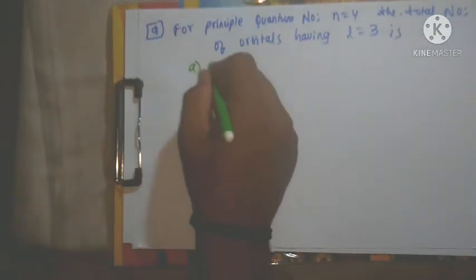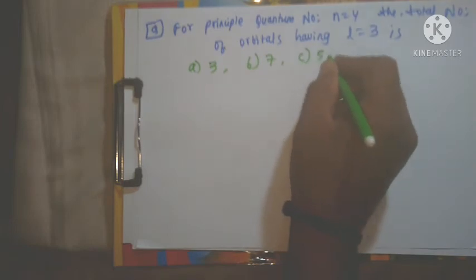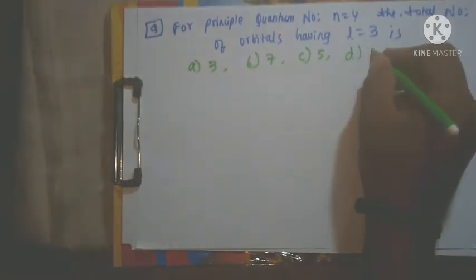Four options. Option A is 3, option B is 7, option C is 5, option D is 9.